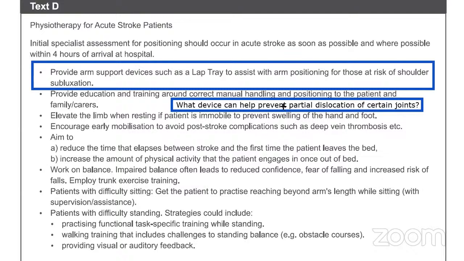Prevent, assist. Sorry. Help, assist. Prevent partial dislocation of certain joints. Shoulder. Subluxation. Dislocation.